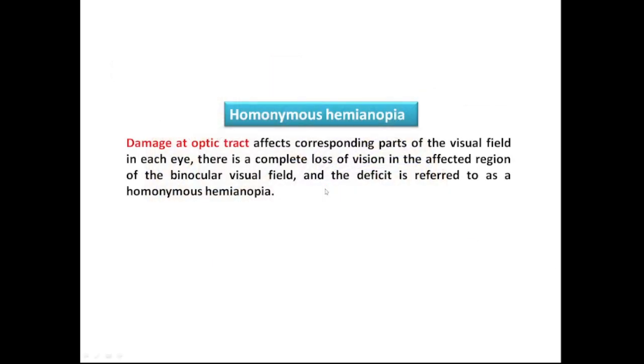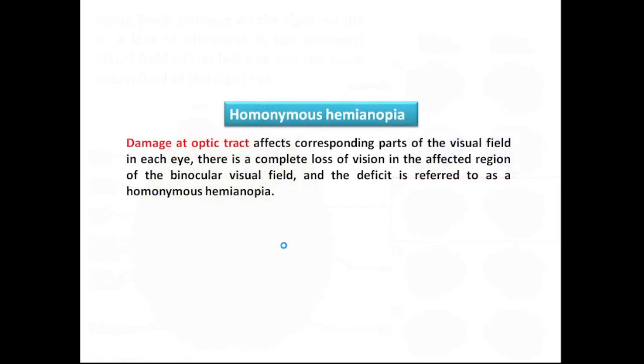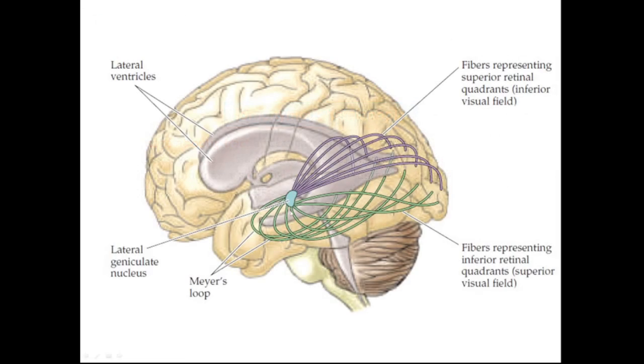And next, we are going towards the optic radiation. Before going to what happens if you damage the optic radiation, let us go through how the connection goes from the lateral geniculate body to the optic radiation. Look at this one. The connections from the lateral geniculate body to the occipital cortex are made by the optic radiation.